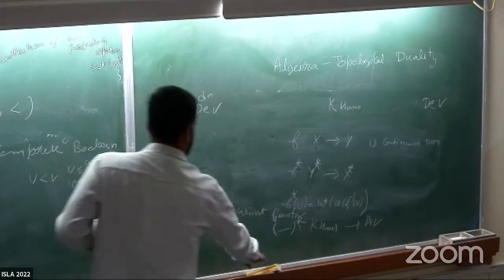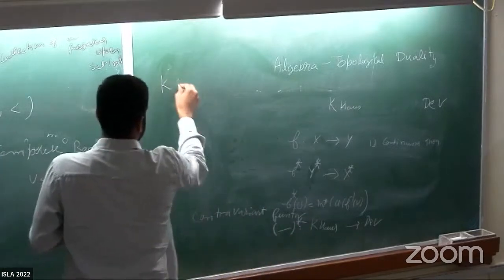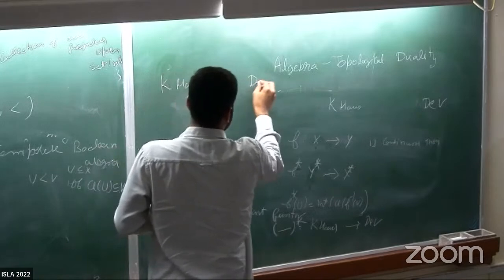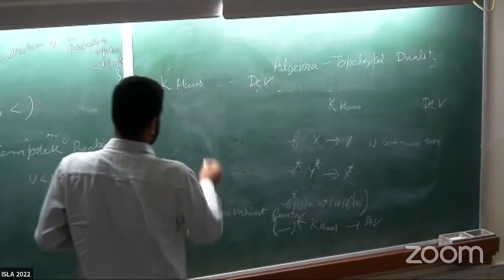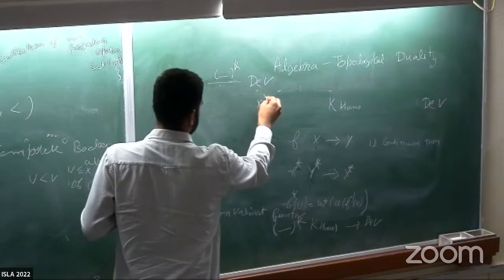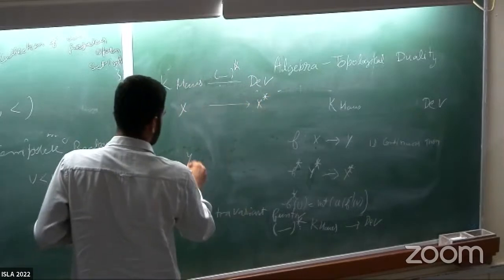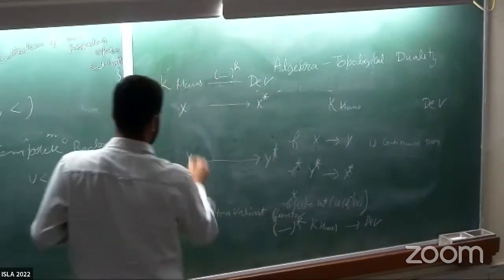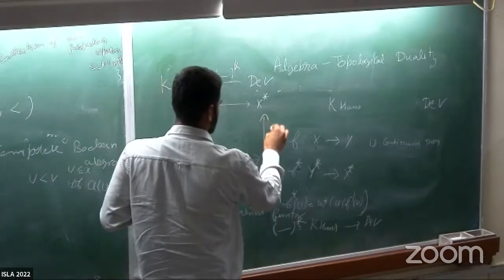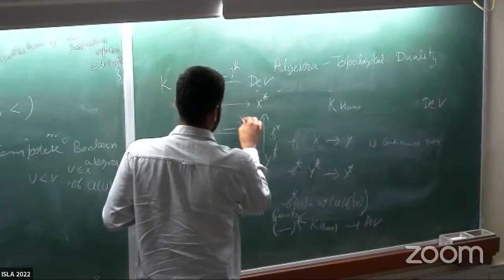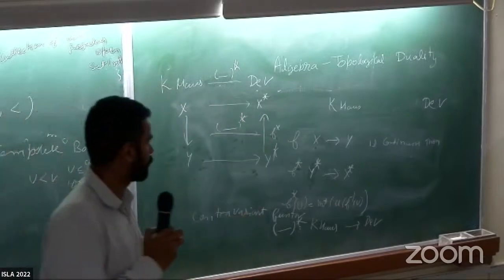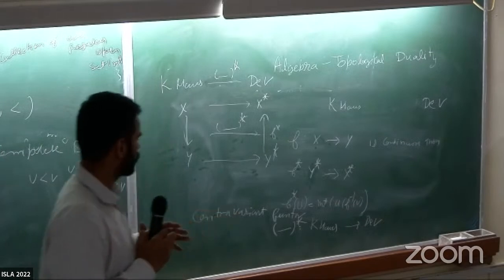Or we can see that if we have a functor like this from KHaus to de Vries algebras, and an object X, corresponding to this we get X star by this functor, and Y star, and f is a continuous function from X to Y, then we get an f star by this functor, which goes from Y star to X star, and this diagram commutes, so we can say that this is a contravariant functor.